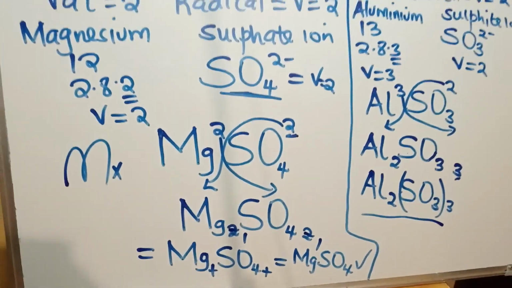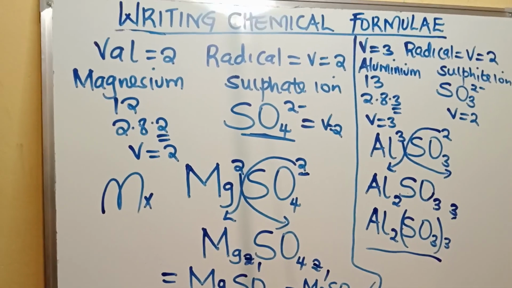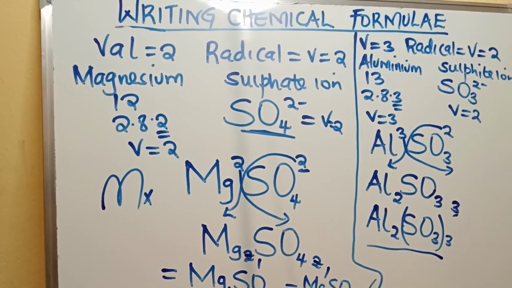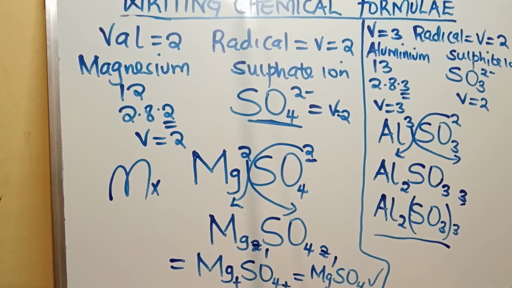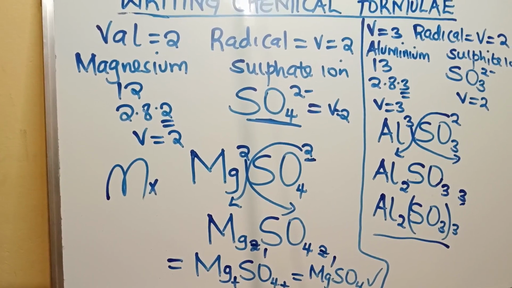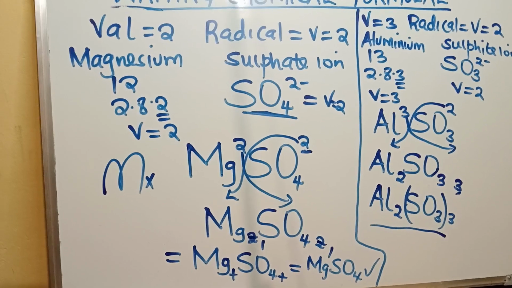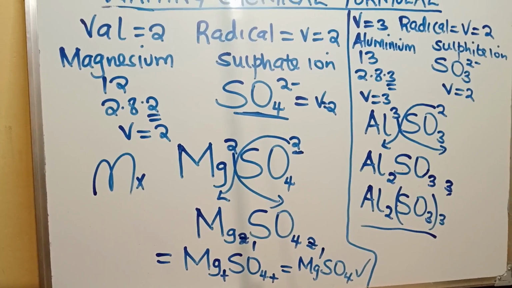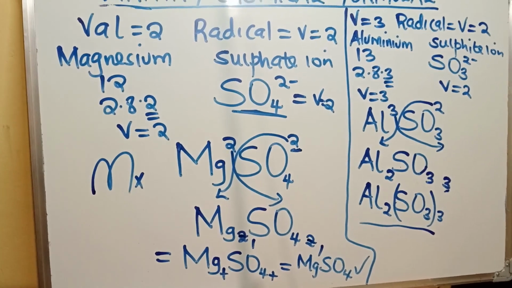So I want to give you an assignment. You try the writing of the formula for a compound that is formed between an element with the valency 3, aluminium, and a radical with the valency 1, that is the hydroxide ion, aluminium and hydroxide.